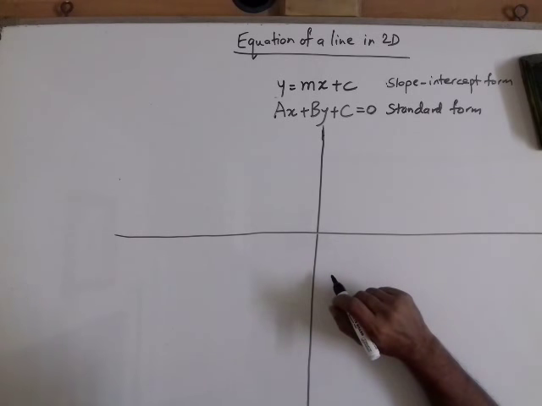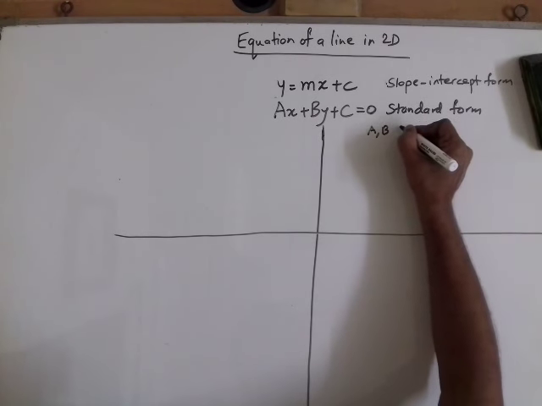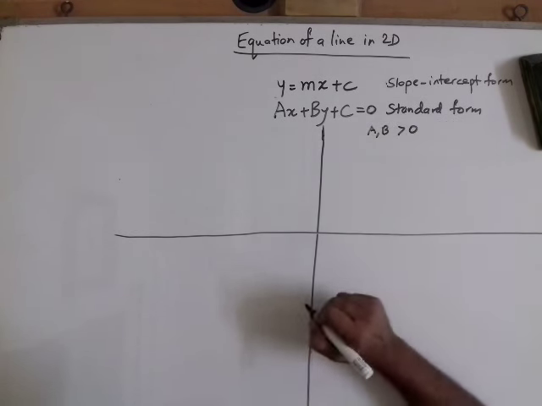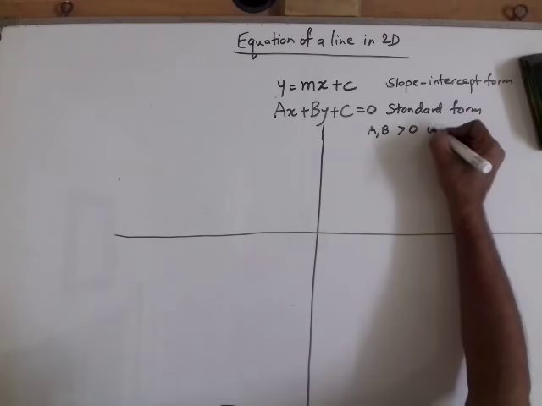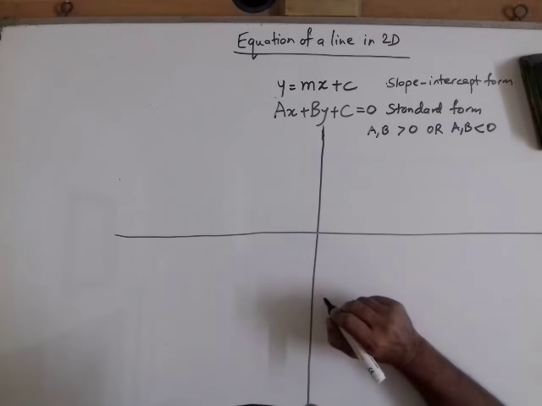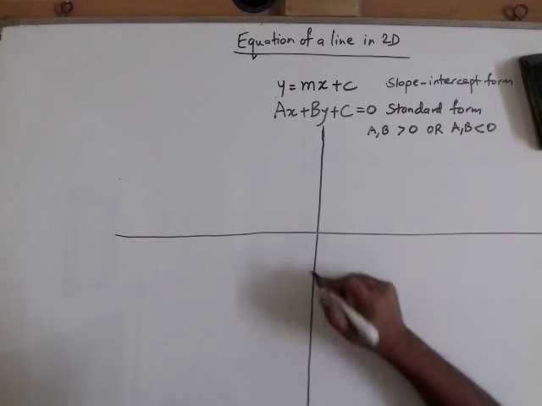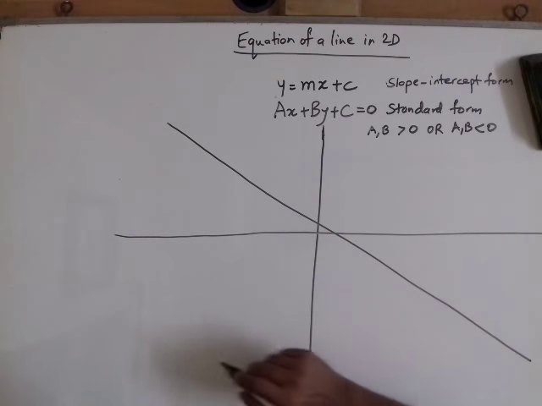Okay. So I say that if a, b are both greater than 0, or if a, b are both less than 0, in that case, I am going to have a line sloping, starting high on the left and sloping downwards on the right.